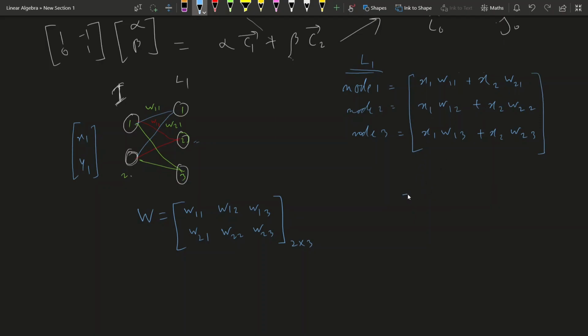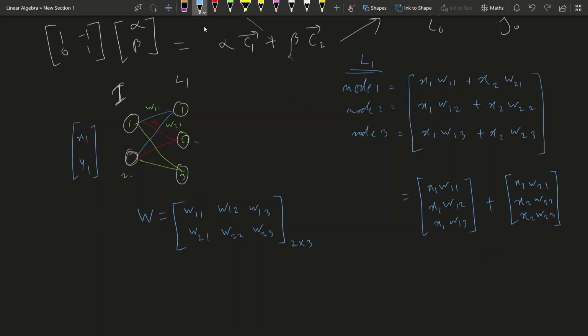This I can write as the summation of two separate vectors, and those two are x1w11, x1w12, x1w13. Similarly here, this will be x2w21, x2w22, and x2w23.